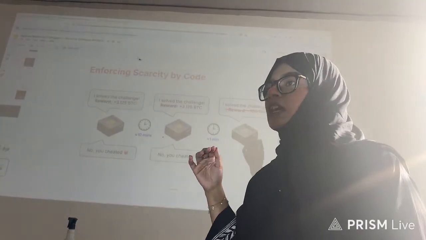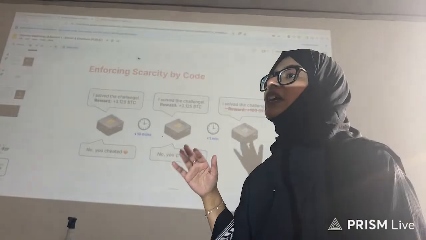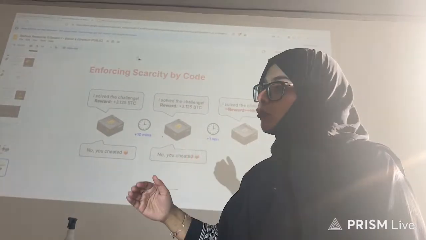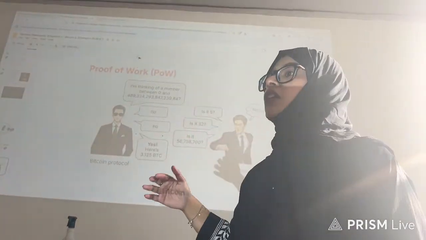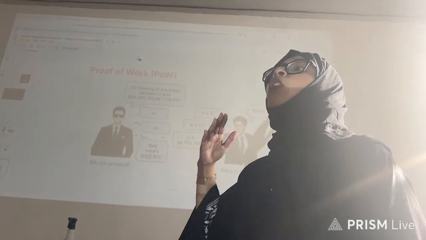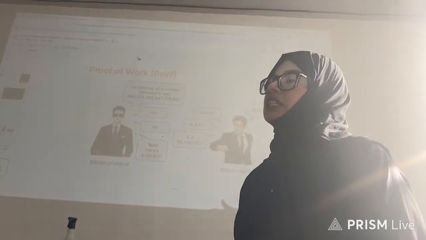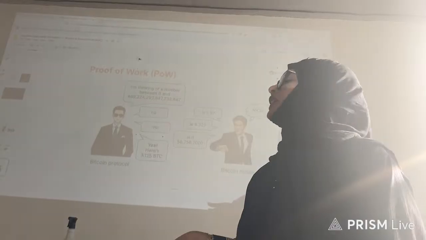If, let's say, a miner is able to mine a block in under 8 minutes, the protocol will increase the difficulty. If they are able to mine a block over 12 minutes, it will decrease the difficulty.